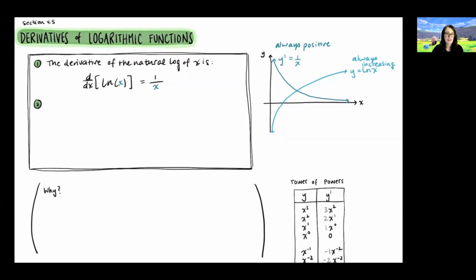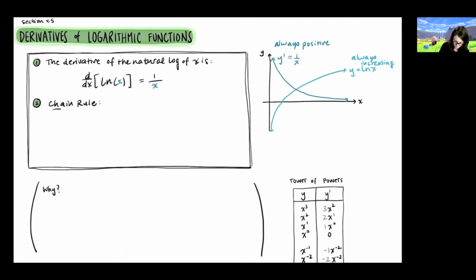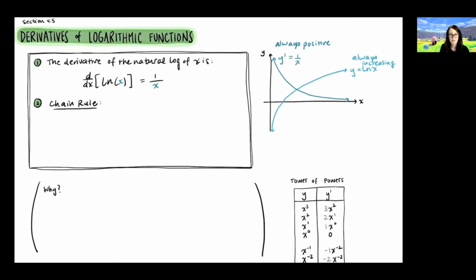So applying this with the chain rule, the second rule is how to differentiate the natural log of a function of x.